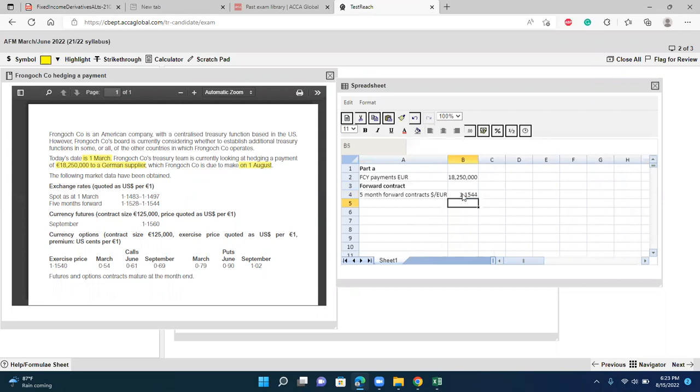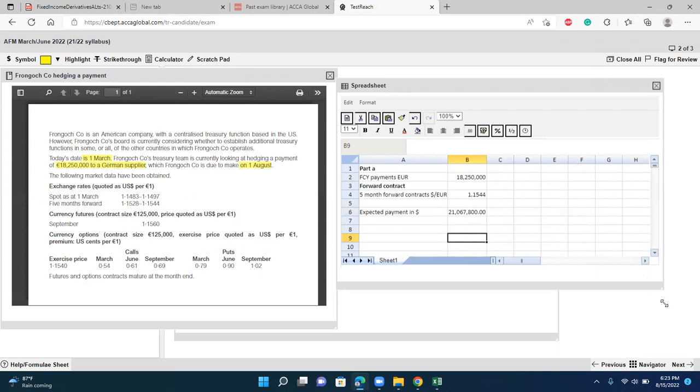So the expected payment in dollars is 18.25 million euro into 1.1544. So that's the payment: 21.067 million. That's the payment in forward.